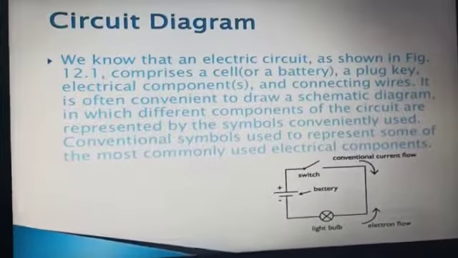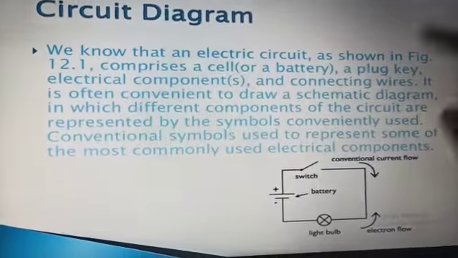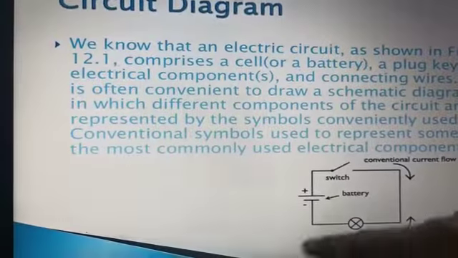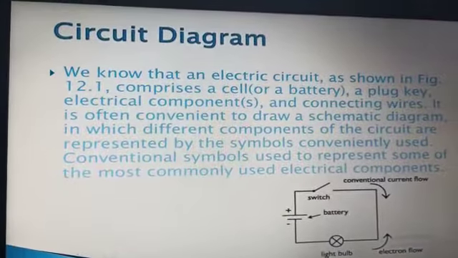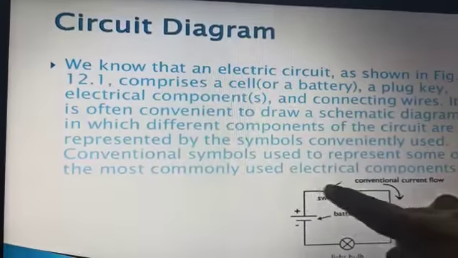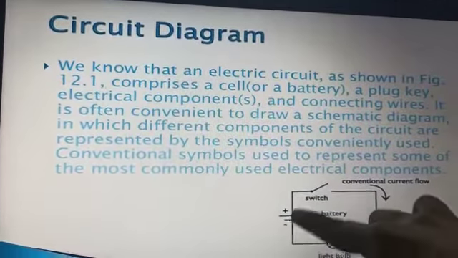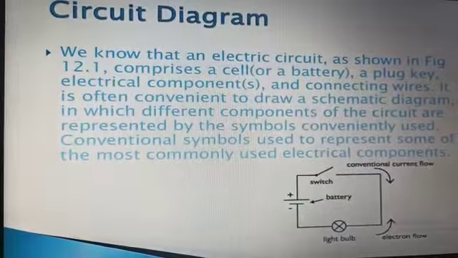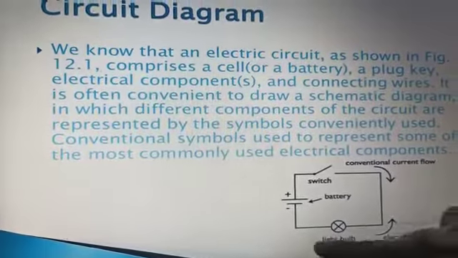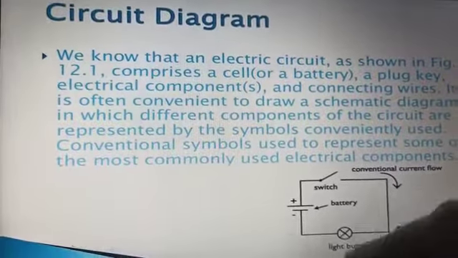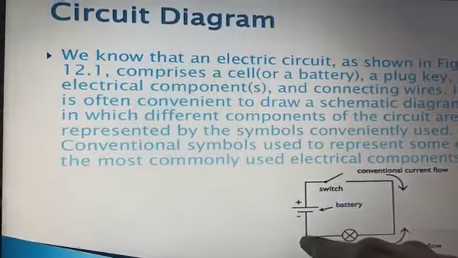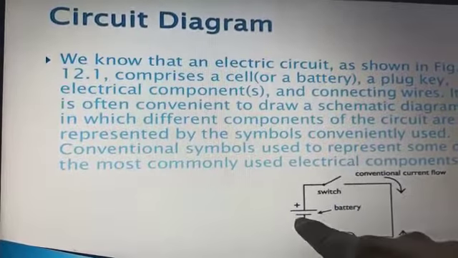Now, one very important thing that I want you to know: we always consider the direction of electric current coming out from the positive terminal and going into the negative terminal. That is the opposite direction of electron flow. In reality, electrons are coming out from the negative and going towards the positive.